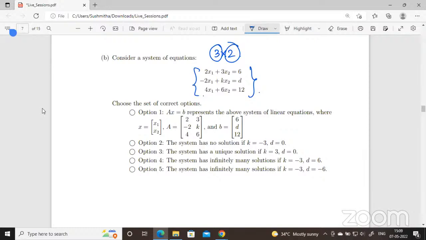So you have 3 lines. If the 3 lines are like this, then there is no solution at all, right? Yes, ma'am, because there is no common point of intersection. You will have a solution only if there is a common intersection point.